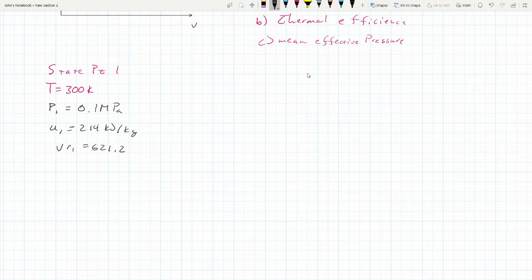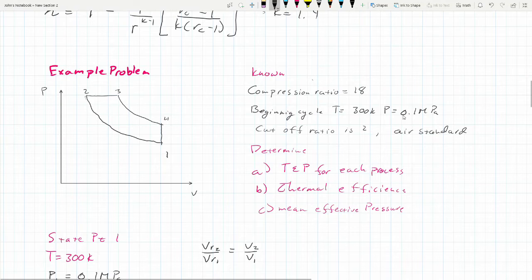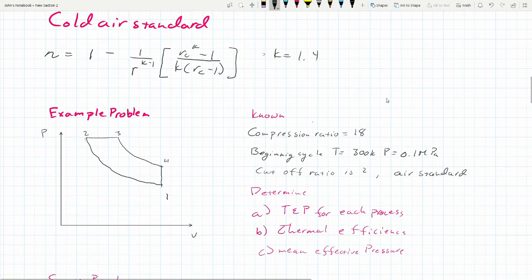All right. So, since 1 to 2 is isentropic, and we need to find the values at state point 2, we know that VR2 over VR1 is equal to V2 over V1, and we know that V2 over V1 is 1 over 18 because we are told the compression ratio.